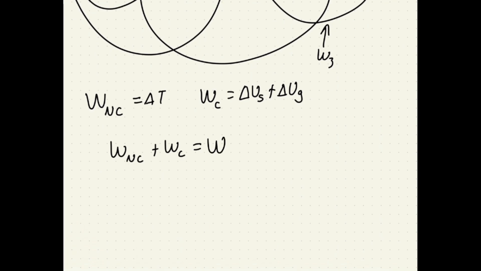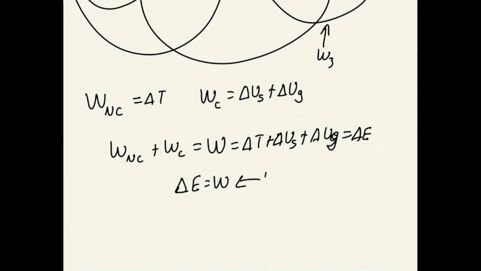Well, we said that was equal to the total work, but it's also equal to delta T plus delta US plus delta UG, and it will give you basically delta E. So delta E is equal to the total work done. The change in energy is equal to the total work done by all forces, not just conservative or non-conservative forces, but the work done by all forces causes a change in total mechanical energy. This is our work energy theorem.